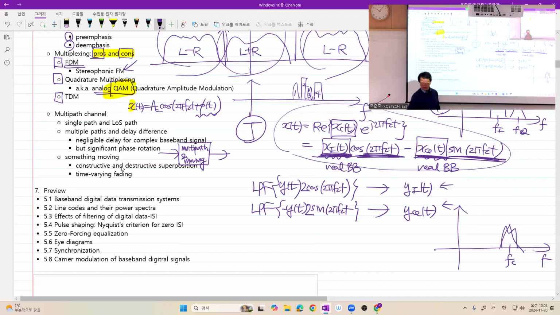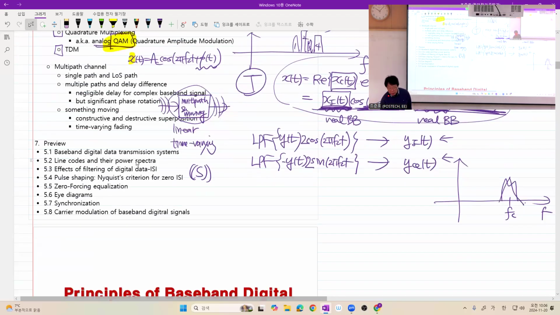Then what happens? Since radio waves propagate, this system is still linear, but it must be modeled as a linear time varying system.